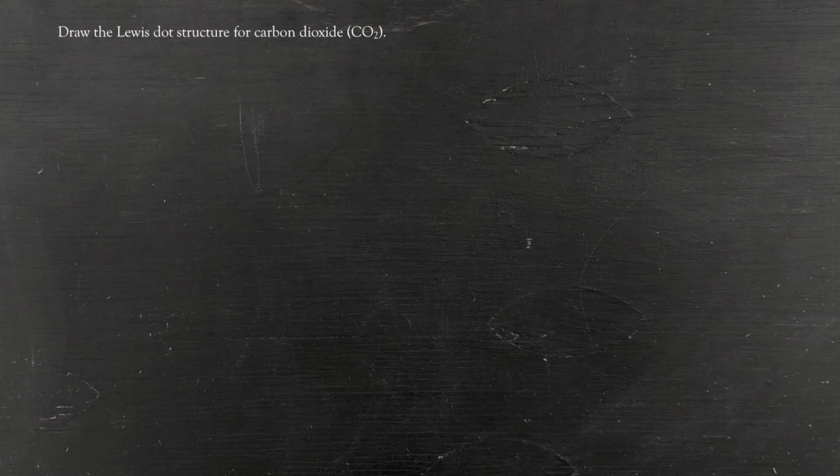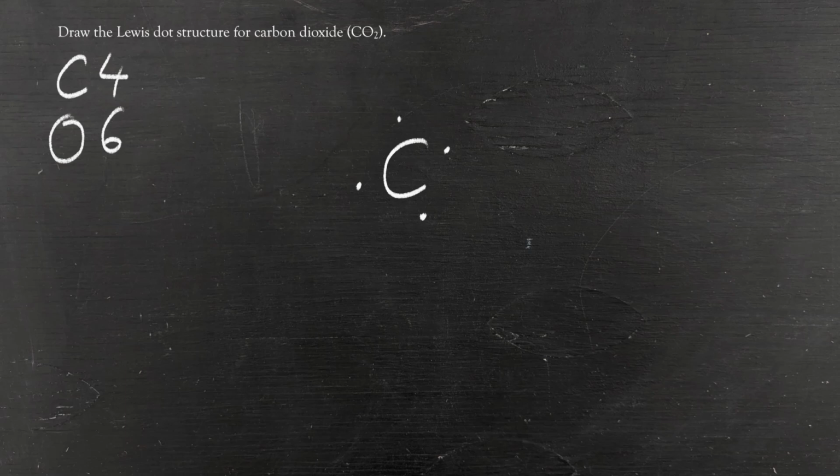This next question is a little bit more complicated. We're going to draw the Lewis dot structure for carbon dioxide. Carbon has 4 valence electrons, and as we saw before, oxygen has 6. We're going to put carbon in the middle, and I'm going to do my 1, 2, 3, 4 dots around it. So I can see that it has 4 electrons available for bonding.